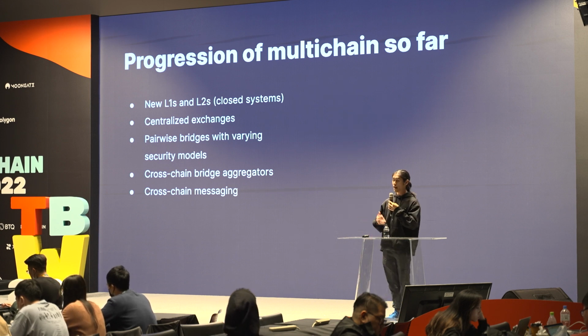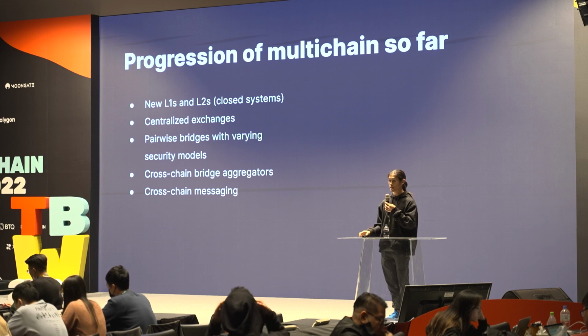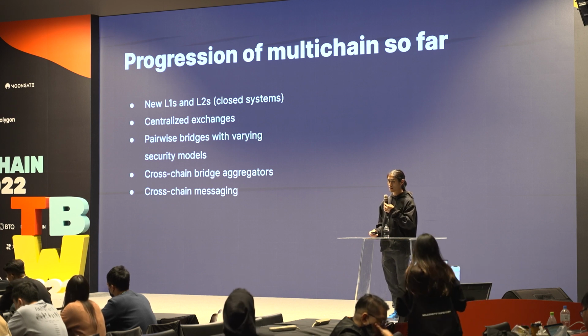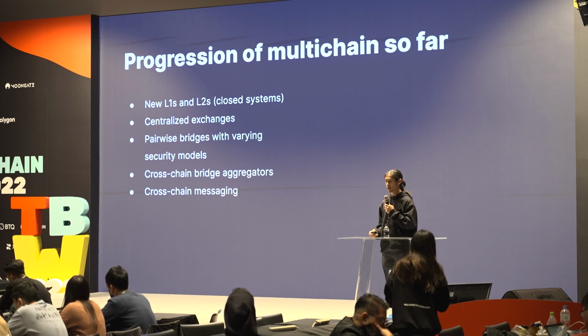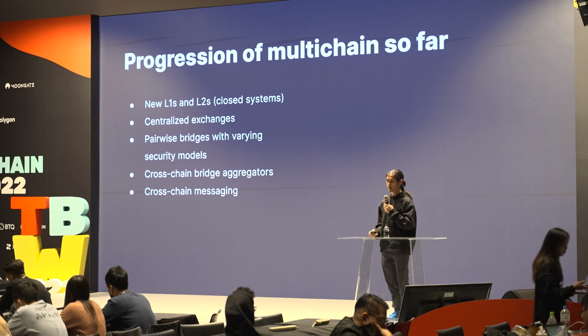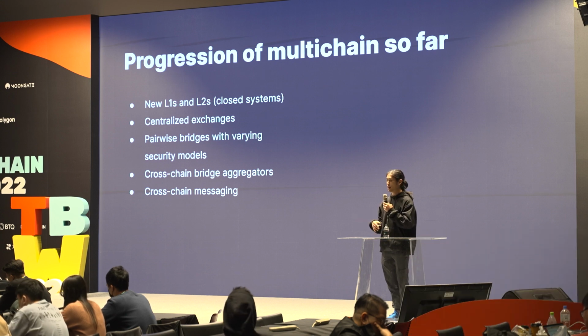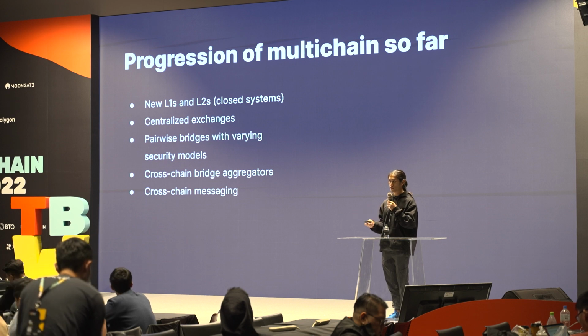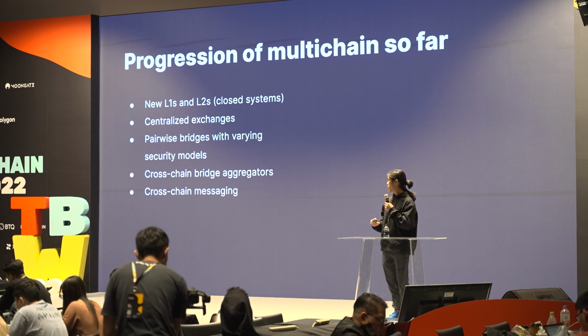But underlying, you still have the varying security models, and you don't really have a good choice when you do that. And then even more recently, you've seen cross-chain messaging solutions. So things like LayerZero, Axelar, Celer, where you can send arbitrary data, sometimes forms of value, from chain to chain. And those require smart contracts deployed on every chain to send and receive them.